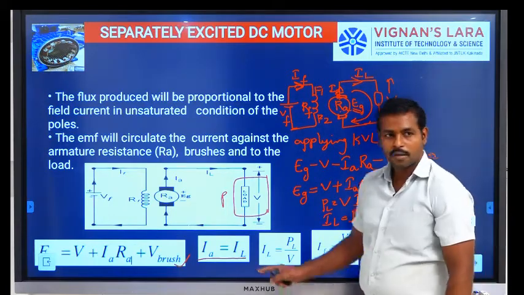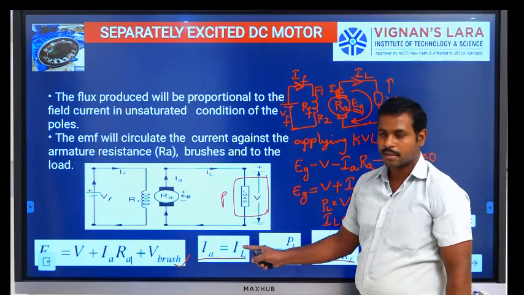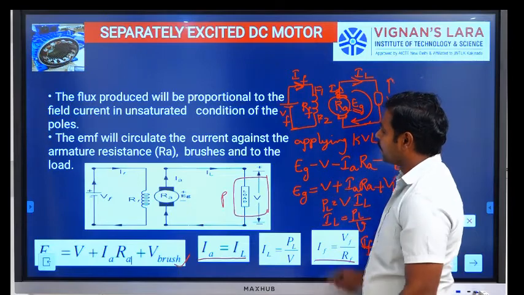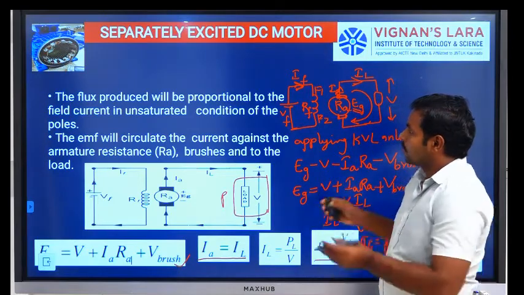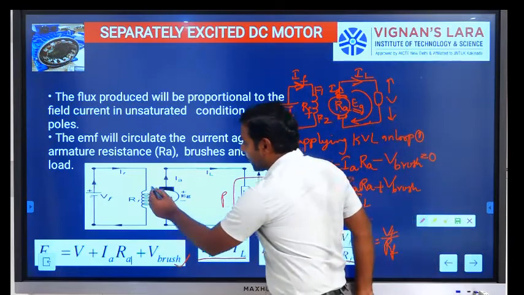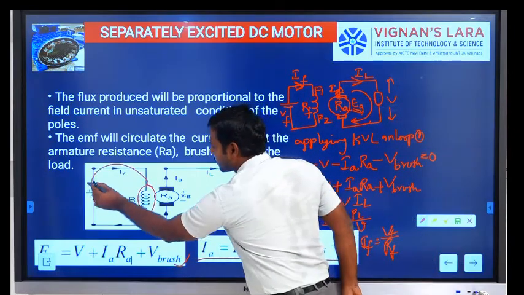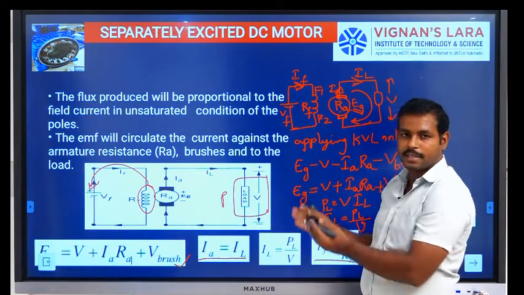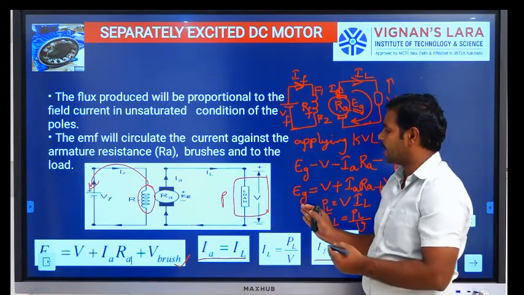So these are the voltages and currents of a separately excited DC generator. Separately excited means the field winding is separately energized by an independent voltage source. Then only it will be represented as a separately excited generator.